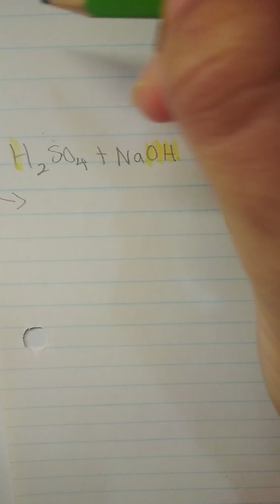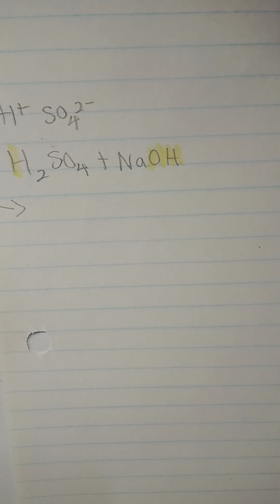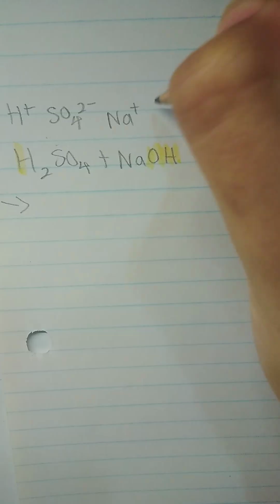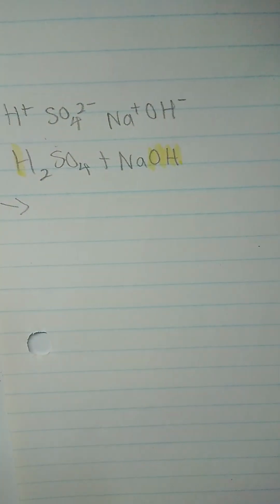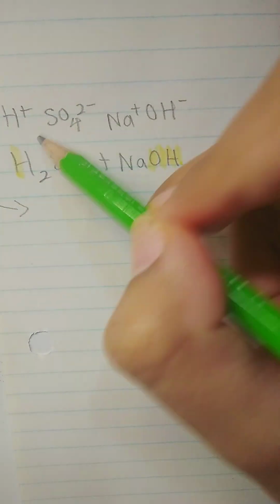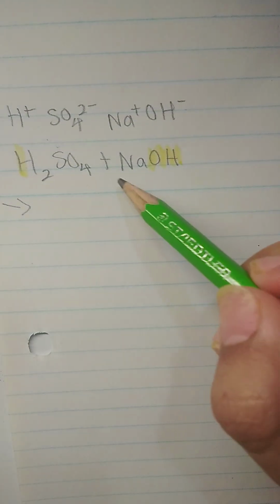Using the hack, let's split the H2SO4 up. H2SO4 is just the H plus combined with the SO4 2 minus polyatomic ion. NaOH is just Na plus and OH minus combined. You can tell that when these crisscross, they would combine to make this, and when these crisscross, they would combine to make this.